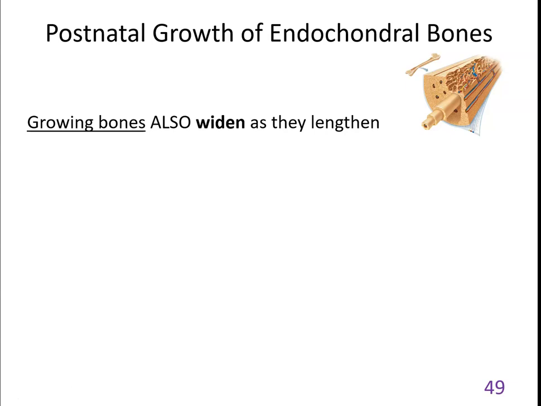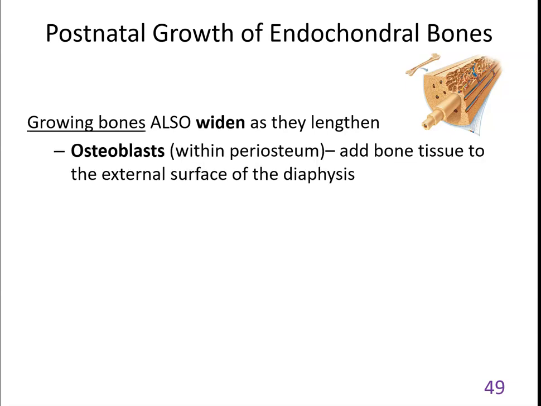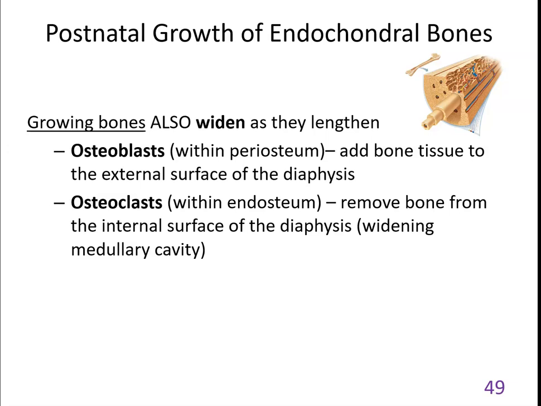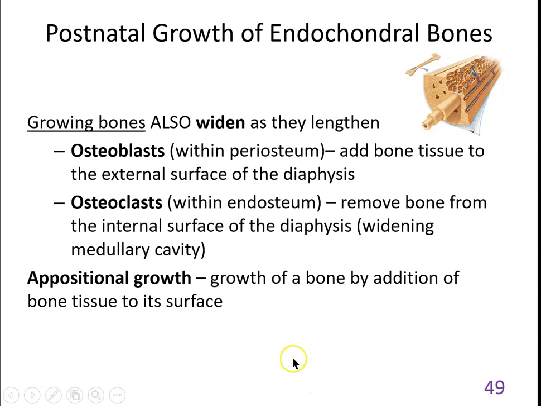Also, bones have to get wider and thicker, and that happens as osteoblasts and osteoclasts remodel the bone. So they work in the endosteum and periosteum, and they remodel the bone. Remember that there were two growth patterns. There's appositional and interstitial growth.